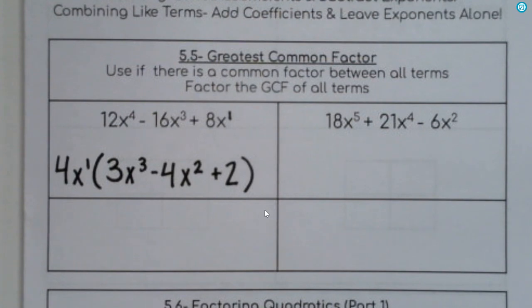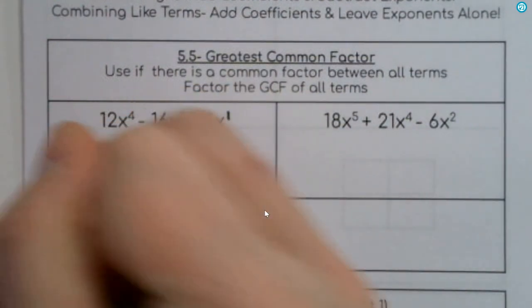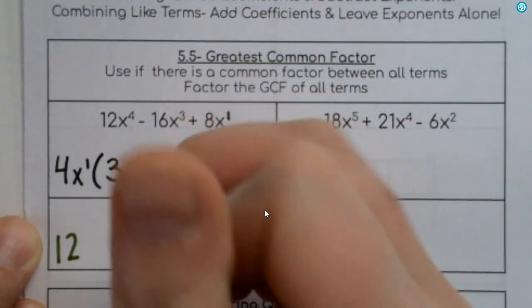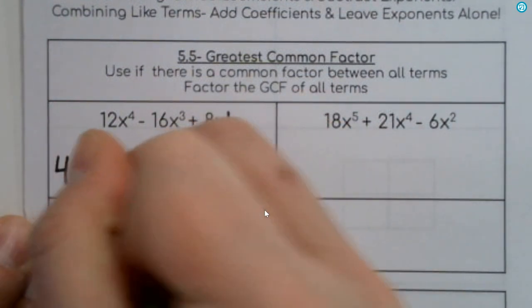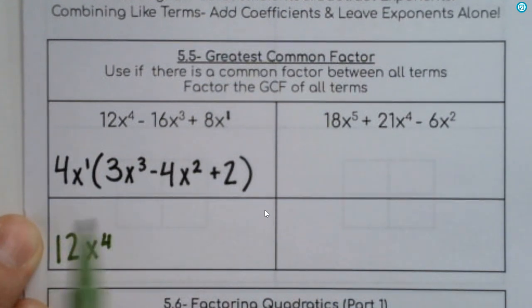Then on all of these problems, there's going to be a box below because we are going to have you guys multiply these back out. So on this one, if I were to multiply this back out, 4 times 3 would be 12. I'm going to add my exponents. 1 plus 3 is 4. So I've got 12x to the fourth. 4 times 4 is 16.